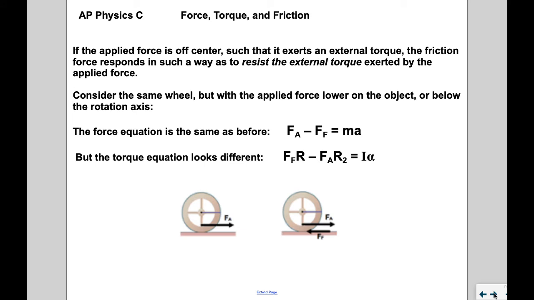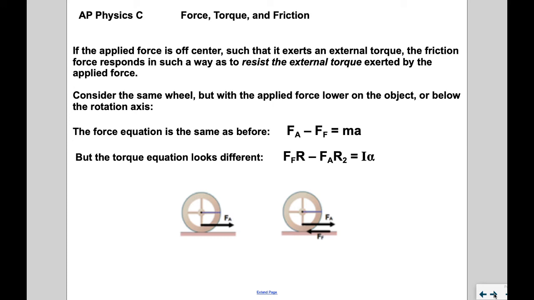Now, if the applied force is off-center, or somewhere other than the rotation axis, then the applied force is going to exert what's called an external torque. And this is the key point that gives people trouble.